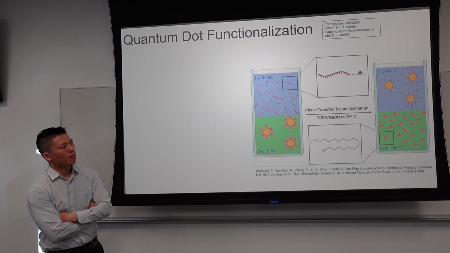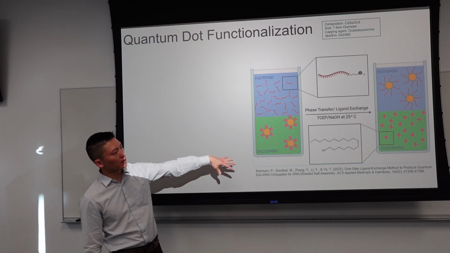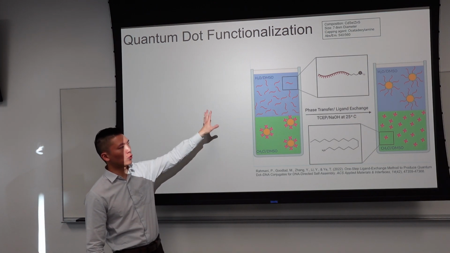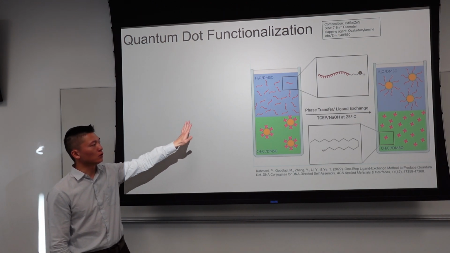As you can see in this diagram, a phase transfer is required so that quantum dots can get functionalized. And we do use DMSO.